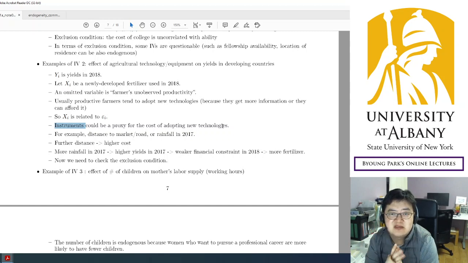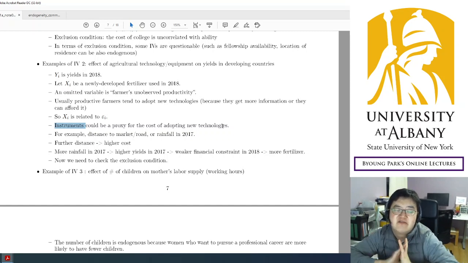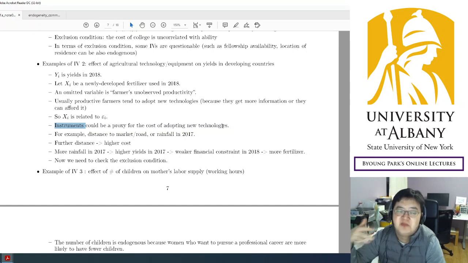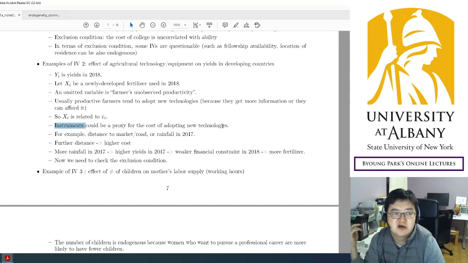If we could observe the price or the actual cost of buying fertilizer, and if that differs across farmers, that would be the best instrument. So the price has nothing to do with the farmer's ability or the yields directly. Price doesn't have any direct effect on harvest.